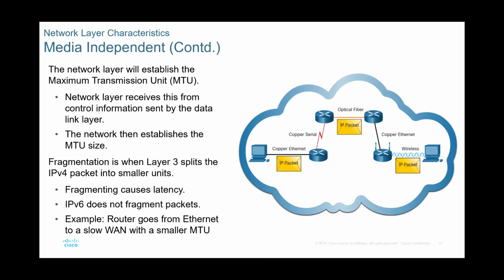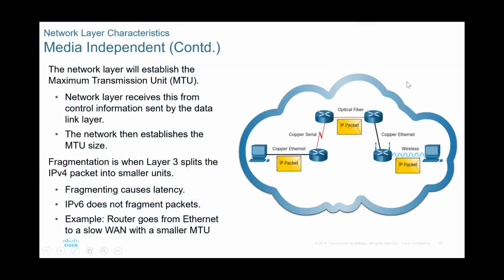Can we piece it again into two? One part will go now, another part will go later, then we assemble them when they get to the destination. These are some of the ideas I need you to have on MTU, but I don't want to go into fragmentation. It's way beyond the CCNA level.